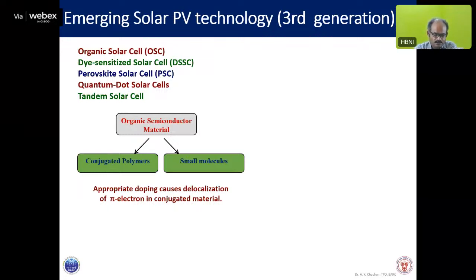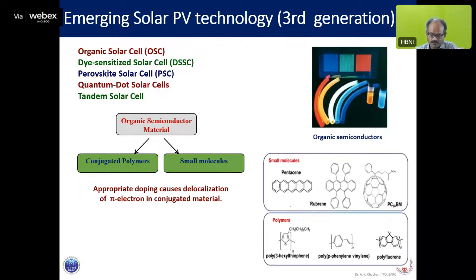The organic semiconductor materials are of two types: one is conjugated polymers and the other is small molecules. These are two different organic semiconductor types. Appropriate doping in these materials causes delocalization of pi electrons, and that is the cause of the semiconducting properties in these materials.